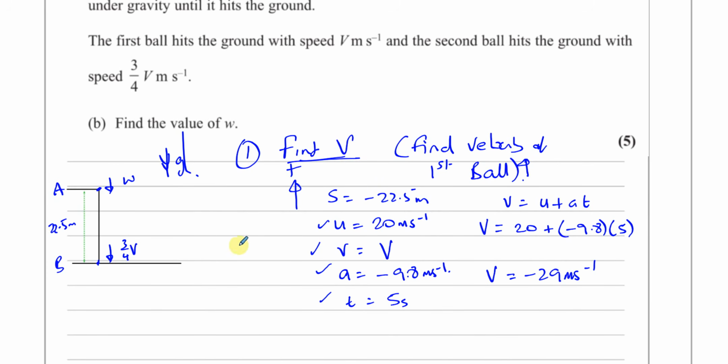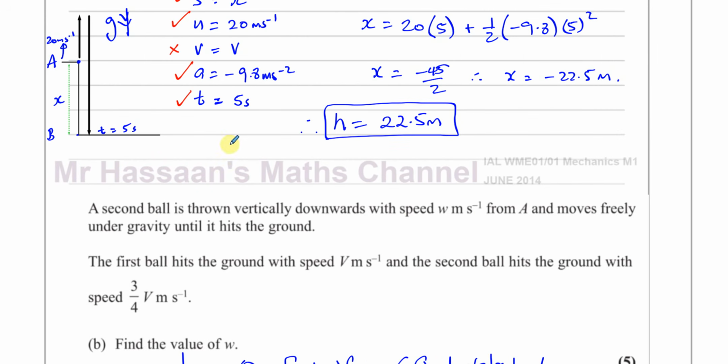So that's the speed with which the first ball hits the ground. Why negative? Because we know that it's going downwards.